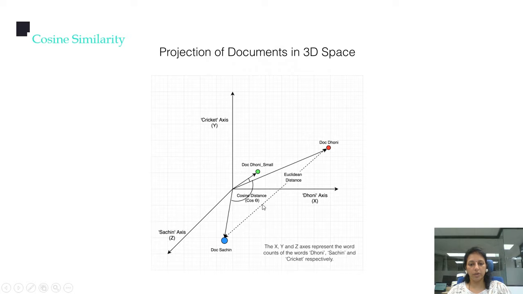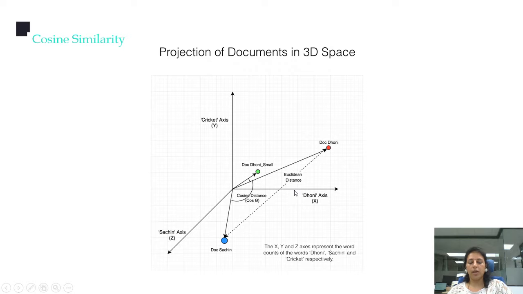It's just in a visual form in 3D space. The same three documents are put up here. The first document was Doc Sachin, the second one was Doc Dhoni, and the third one was Doc Dhoni small. We can compute the similarities in different ways. Here we are using cosine distance. There is another thing called the Euclidean distance.